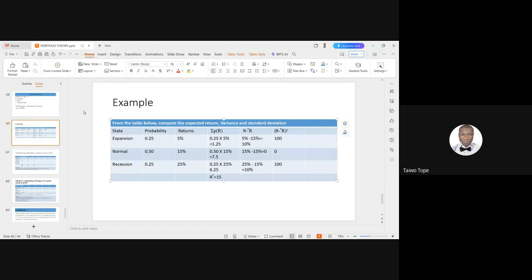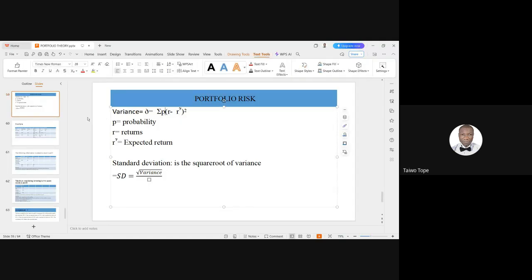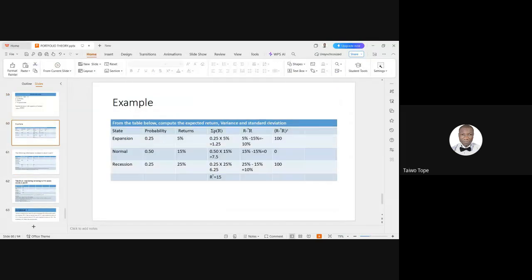What will be the next step based on our formula? We've determined R minus R bar squared. We are here to apply P. When you multiply P by R minus R bar squared, what will you have?